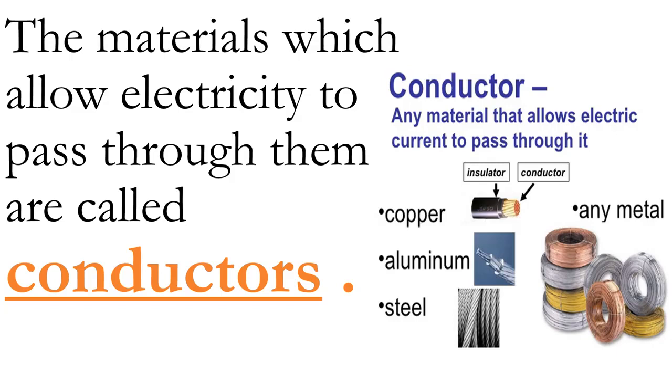The materials which allow electricity to pass through them are called conductors. Here in this picture, you can see any metal like copper, aluminium, or steel allows electric current to pass through them. Hence, they all are called conductors.